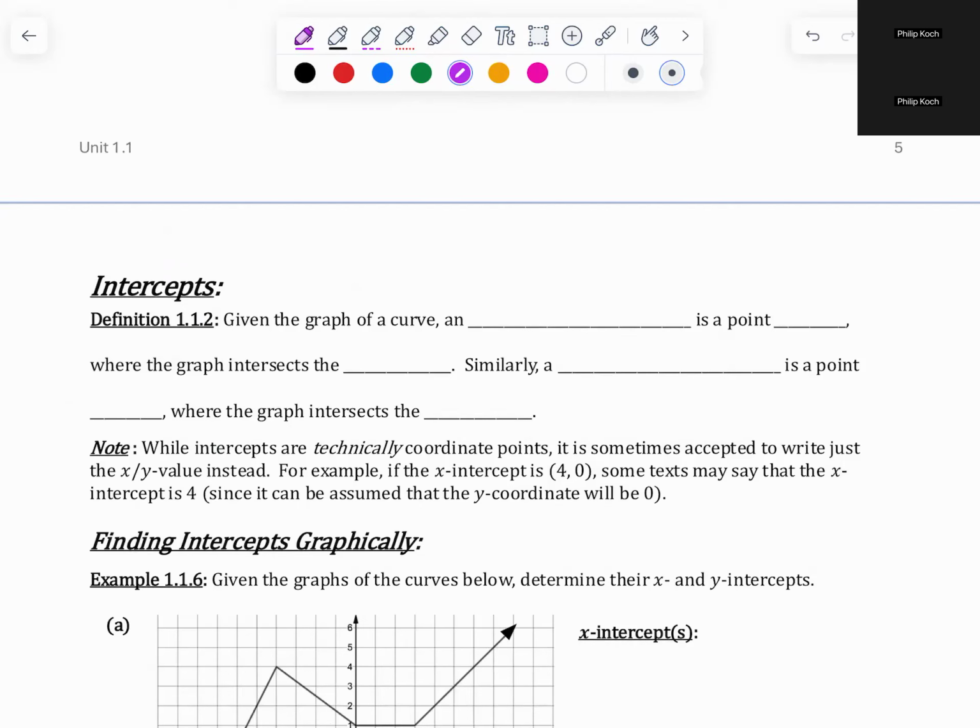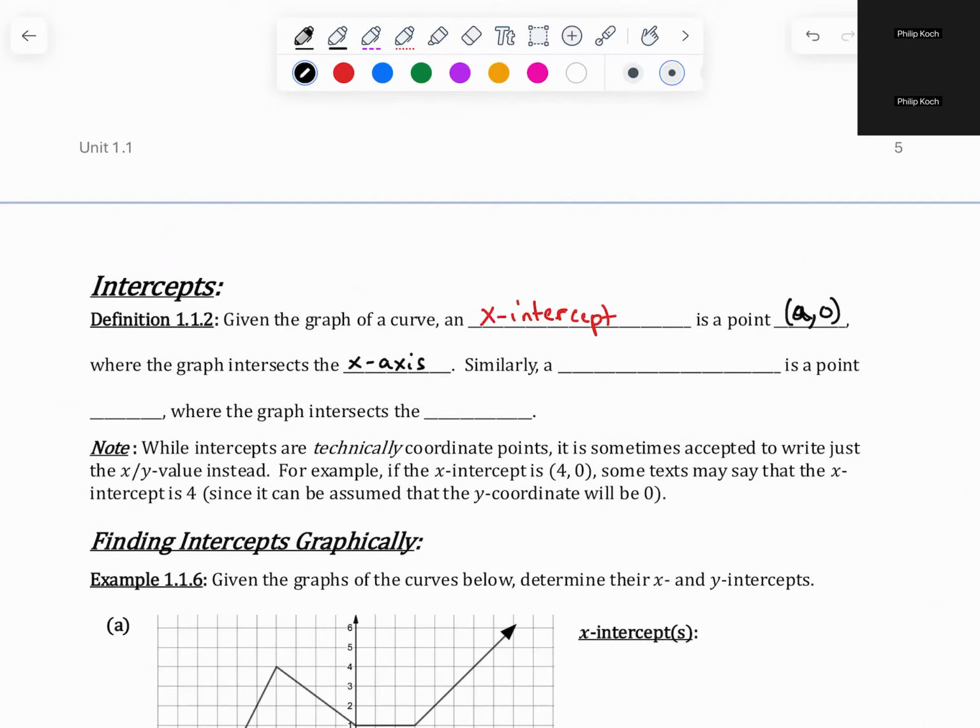So the first thing that we are very interested with in mathematics, and there's a reason for that, are intercepts. Given the graph of a curve, an x-intercept is a point a comma 0 where the graph intersects the x-axis.